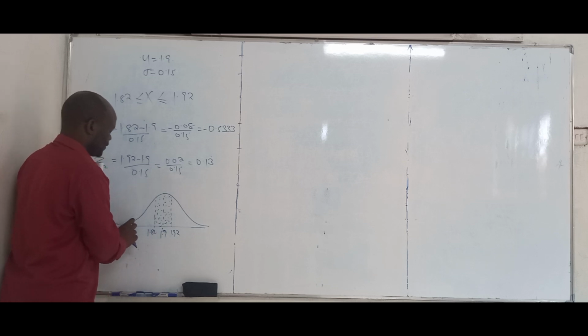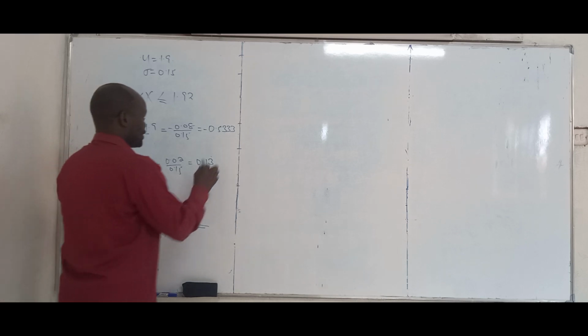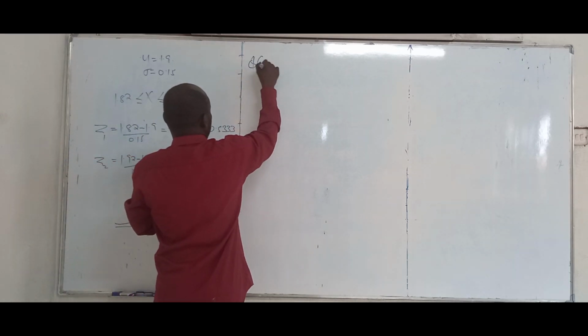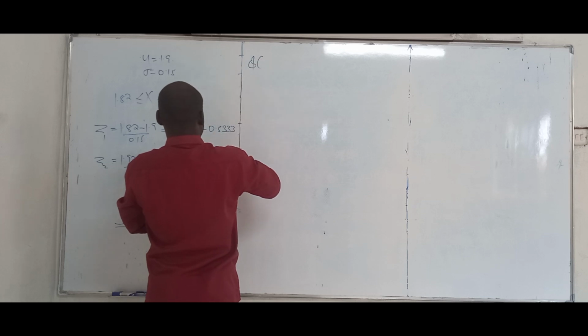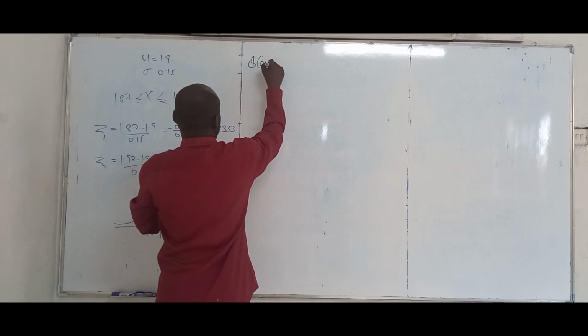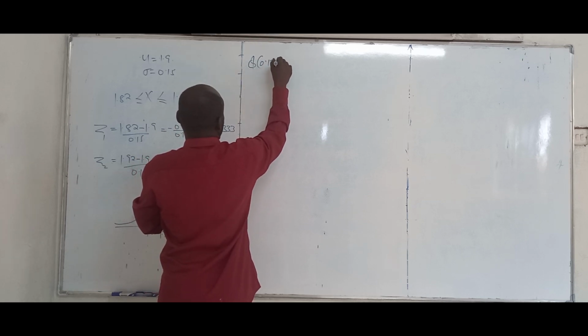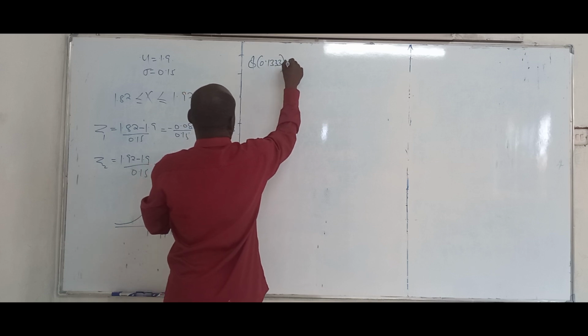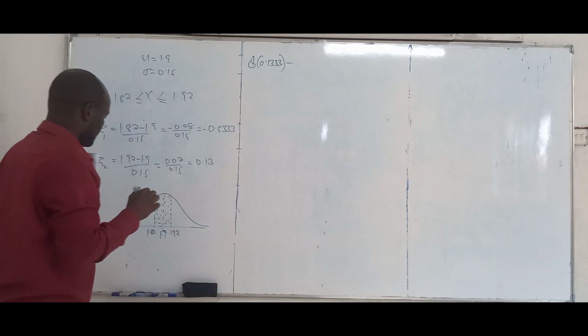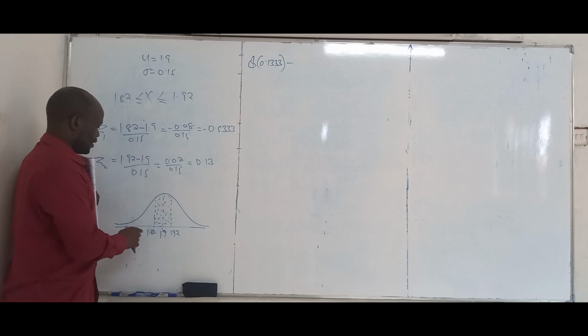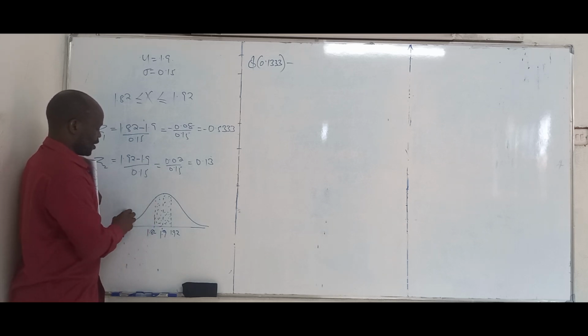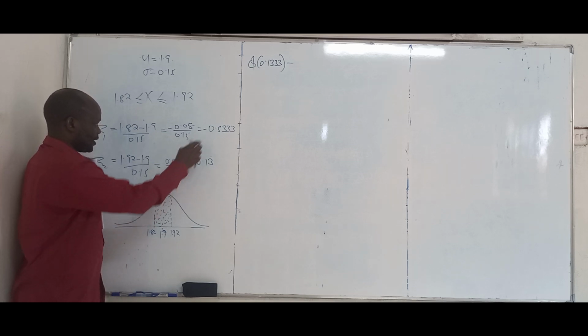We would have to subtract the entire area from here coming this end, which is represented by phi of 0.1333 recurring, minus the area from here to here. The area from here to here is given by this.